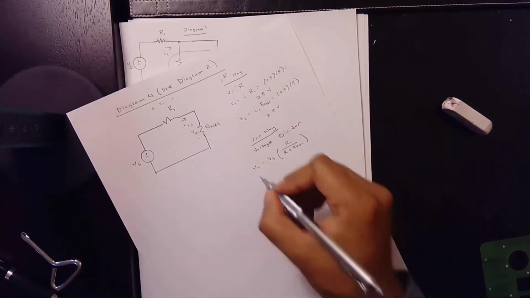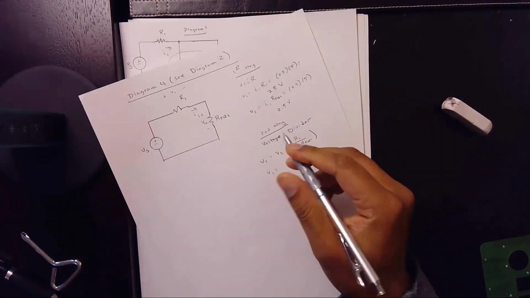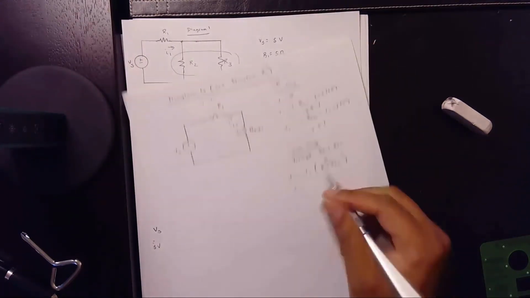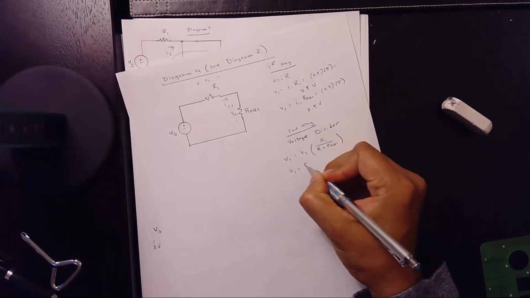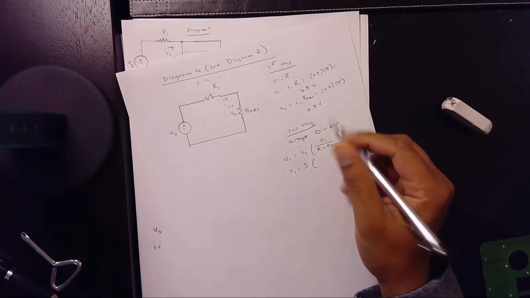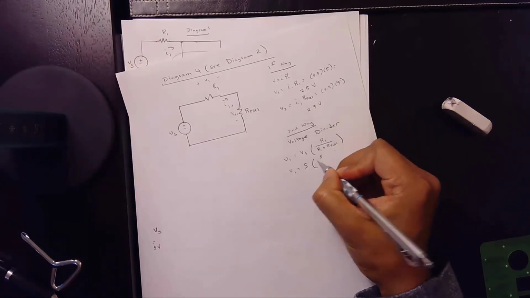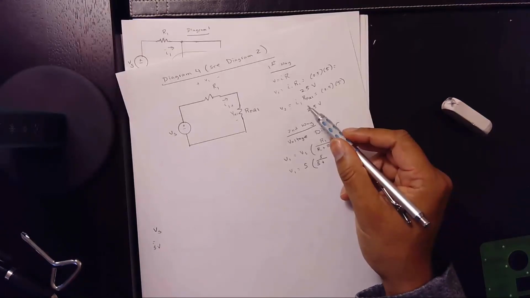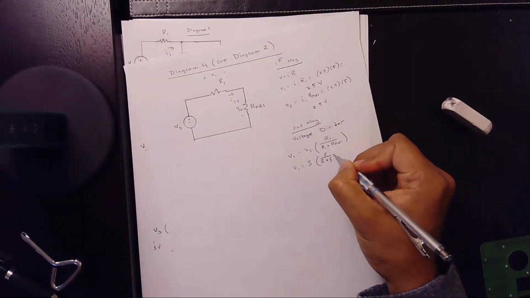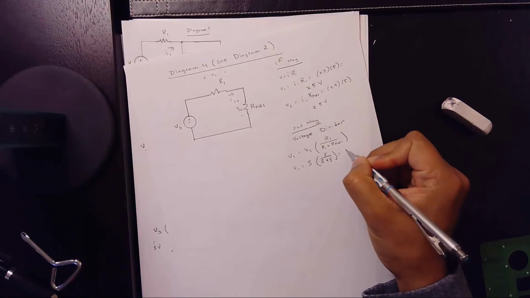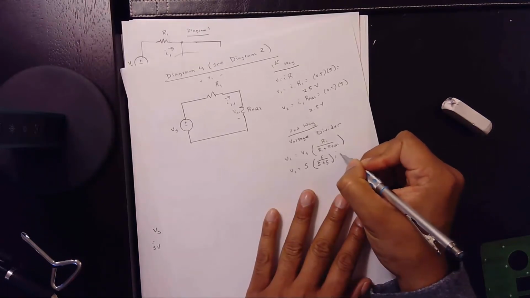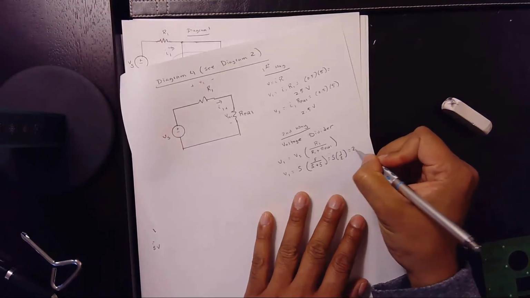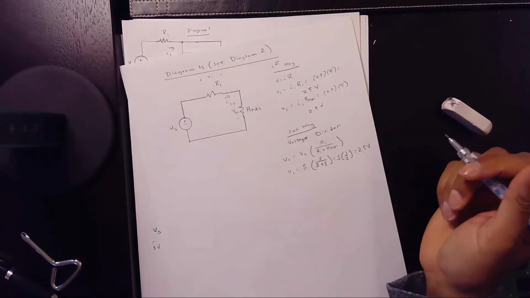So you're going to end up with V1 is equal to, and our VS is what? 5 volts. Okay? So we start with 5 volts. And we have R1 is from previous is 5 here, and then REQ was 5, which is 10. So this is 5 times 1/2, which is 2.5 volts.